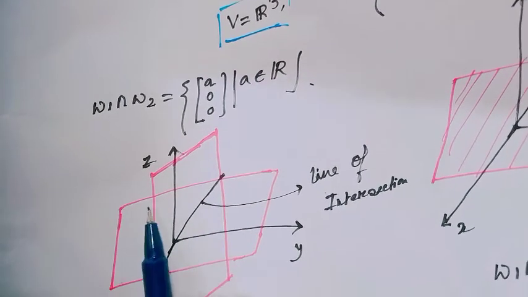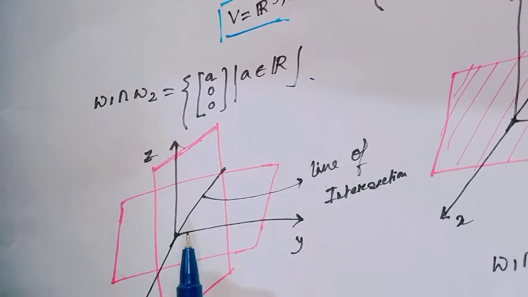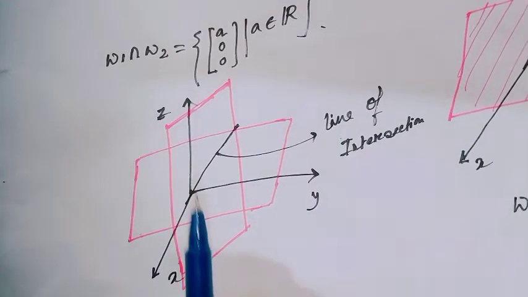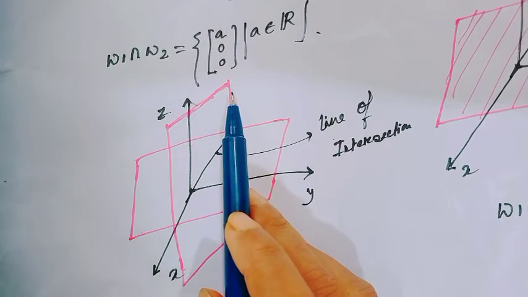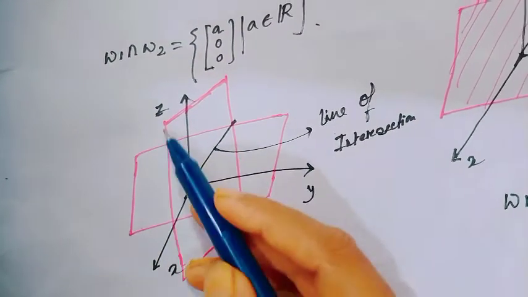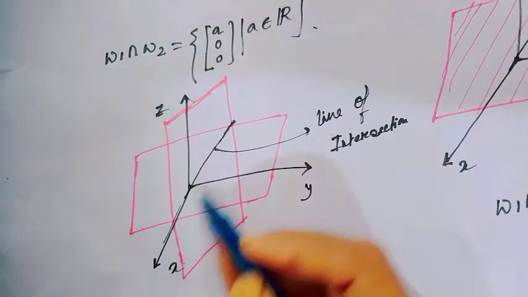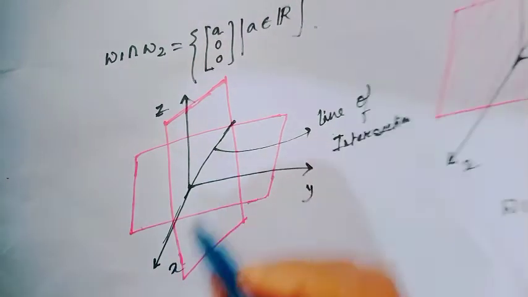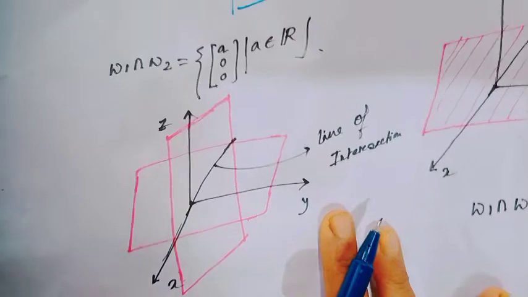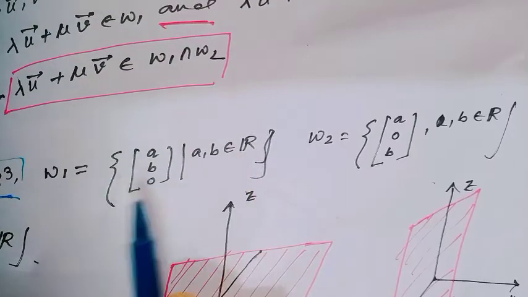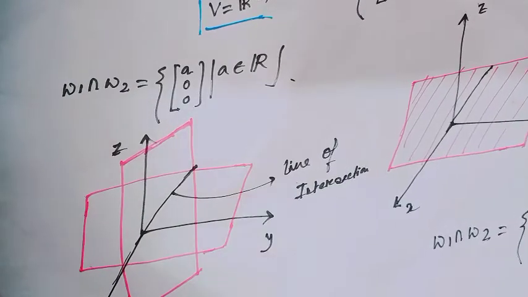That means here it is only the line of intersection. This is the xz plane and this is the xy plane, and this is the line of intersection of these planes. Are you getting? That means the largest subspace of these subspaces is the line of intersection.